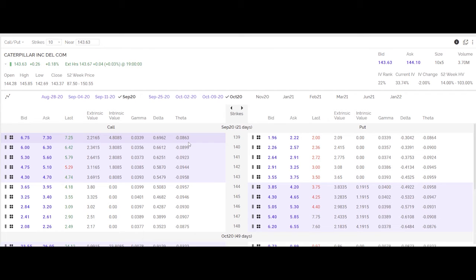As I mentioned, if you're long an option with a theta of negative 0.5, that means the option price will decrease by 50 cents every day that passes. So here, every day that passes, this option contract would decrease by this amount. Let's pick a strike price.